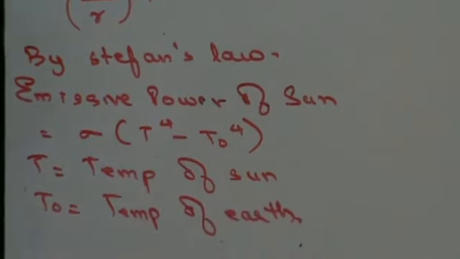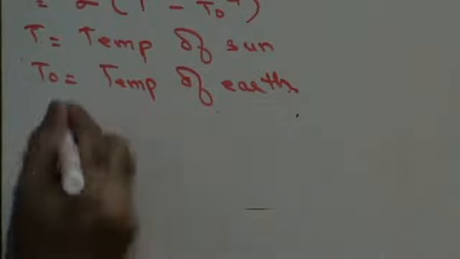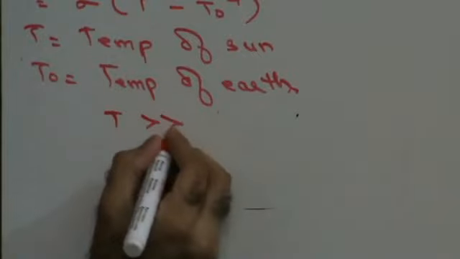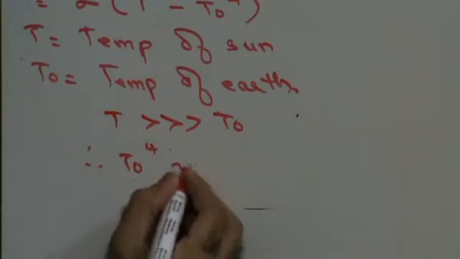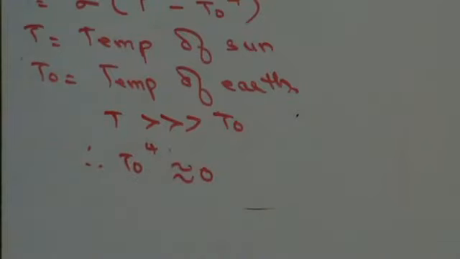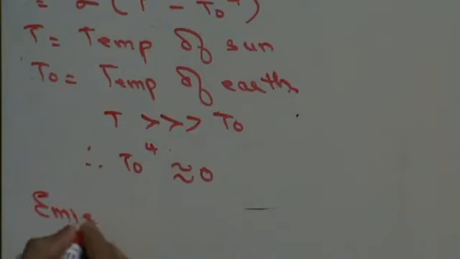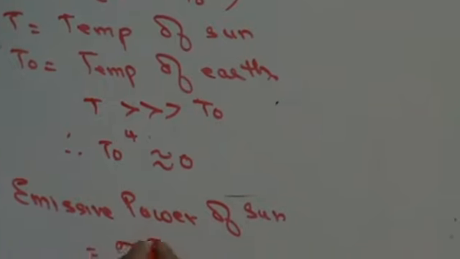But the temperature of Earth is extremely small as compared to that of the Sun. T is very big as compared to T0. Therefore, T0 raised to 4 will approximately be equal to 0. Hence, the emissive power of the sun will be nothing but sigma T to the 4.